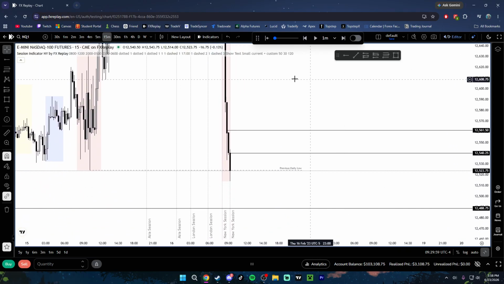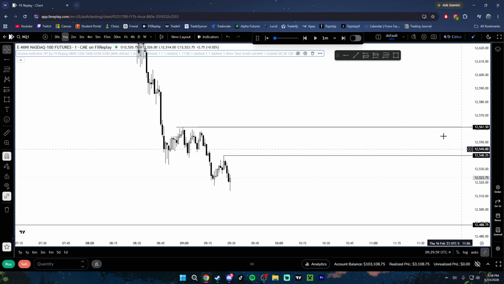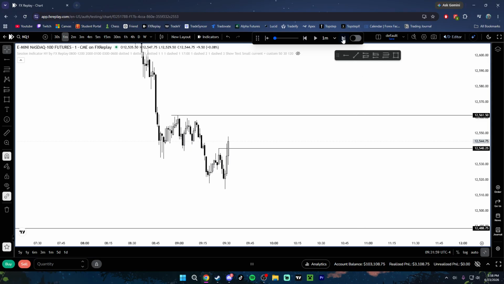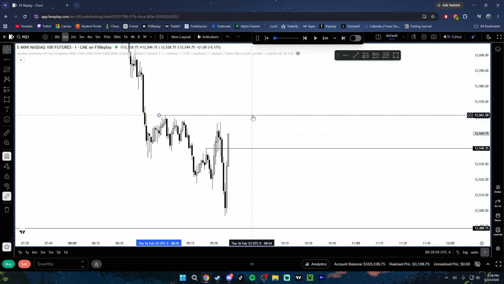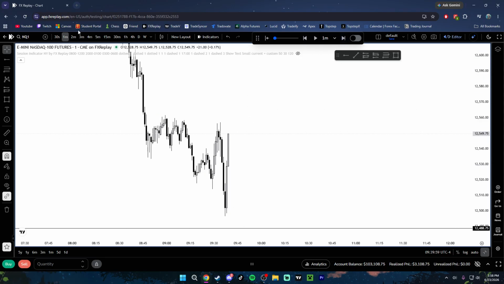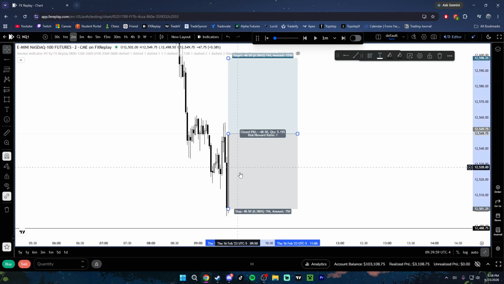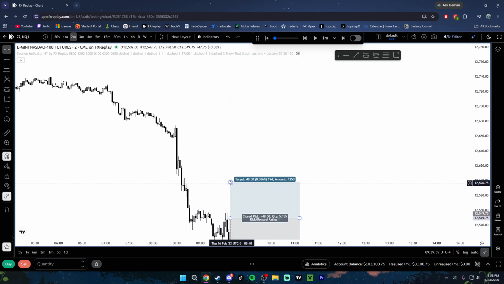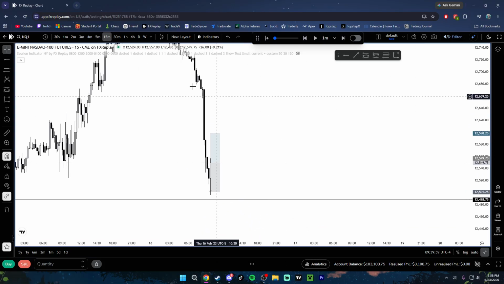It's a really big dump. Really big dump. Just wait to see where we deliver from. Okay, strong reaction. We have our inverse right here. 10-minute inverse. So we're trying to rebalance the range.